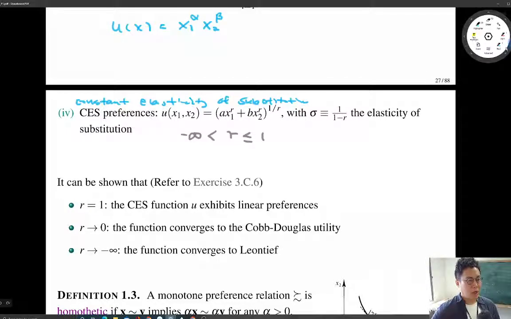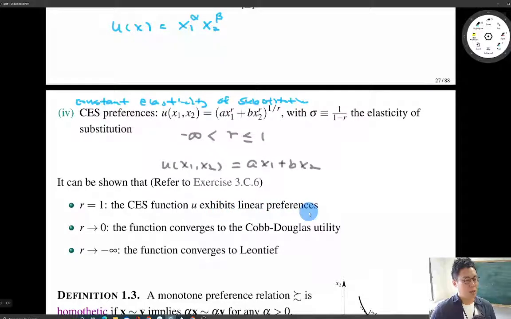The key feature of this CES utility is that if r is equal to 1, then you can easily check the utility function becomes linear, ax1 plus bx2. So when r is equal to 1, the CES function exhibits linear preferences.